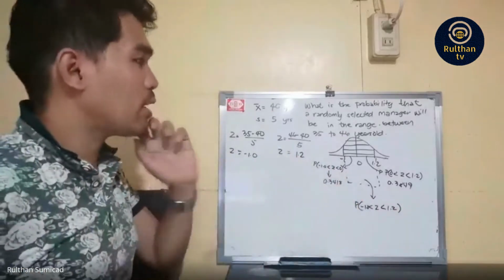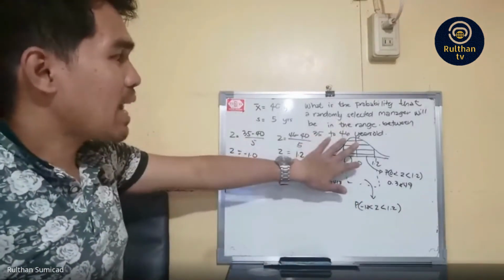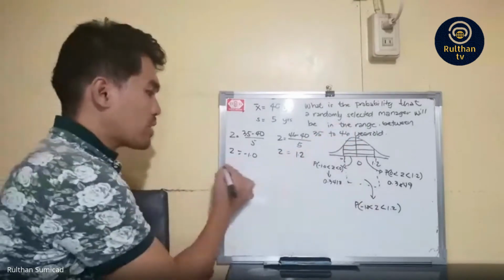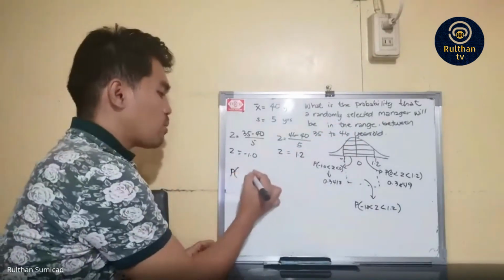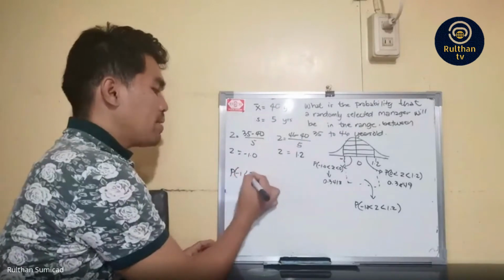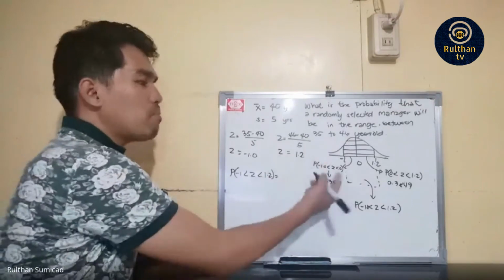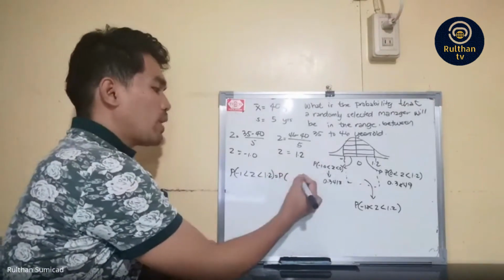That's the probability, or the chance, that our randomly selected manager's age is between 35 to 46. So that's our problem: the probability of a z-score greater than negative 1 but less than 1.2. To solve this problem, we'll simply combine the probabilities of the z-scores.